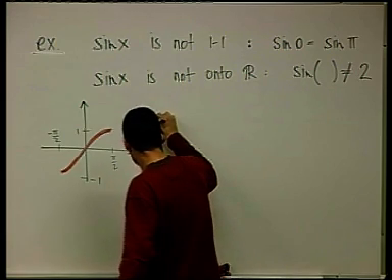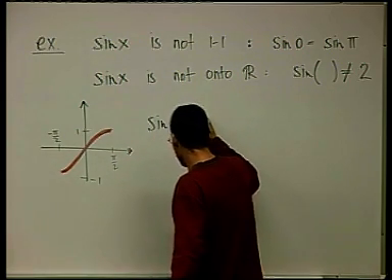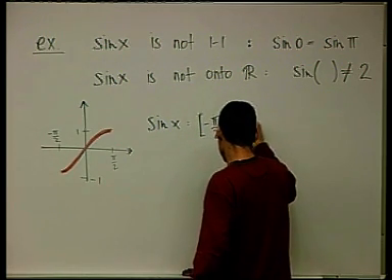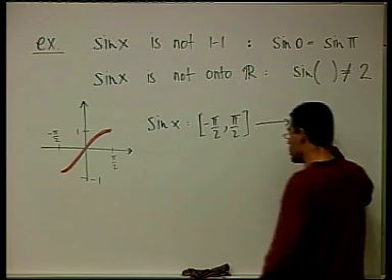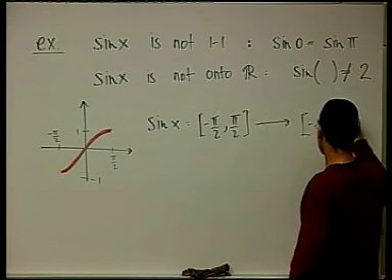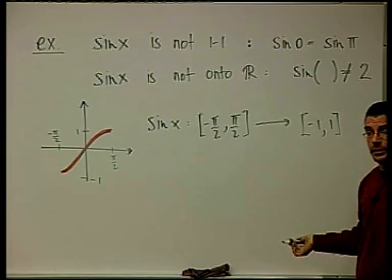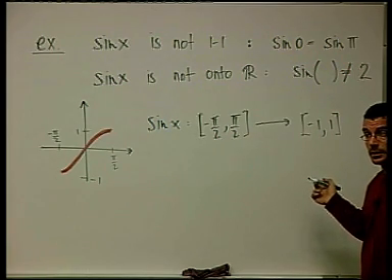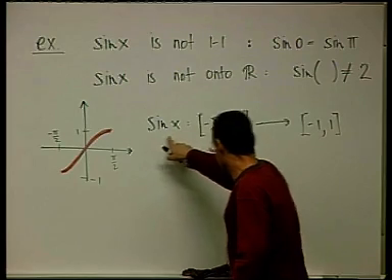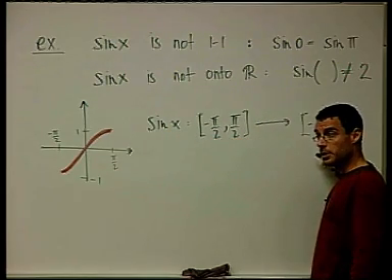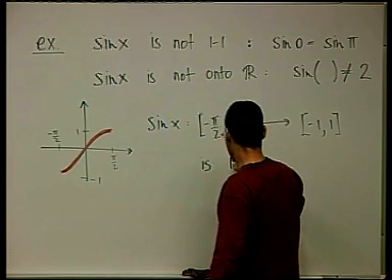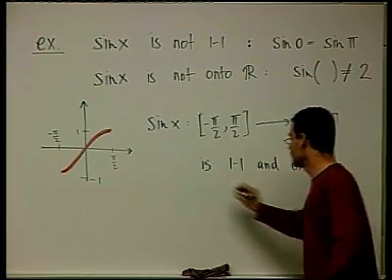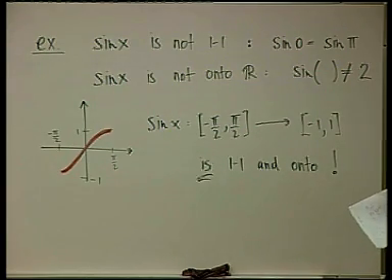But this is sine x going from, here's the domain, negative pi over 2, and declaring the range to be negative 1, 1. I can do that. And that's the graph. Do you agree? Sine x on this domain, declaring this to be the range, is one-to-one and onto. Good?